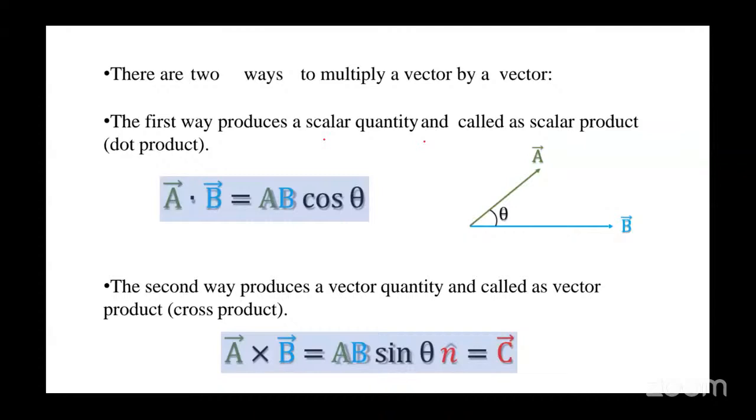All right. So I was saying that there are 2 ways to multiply a vector by a vector.